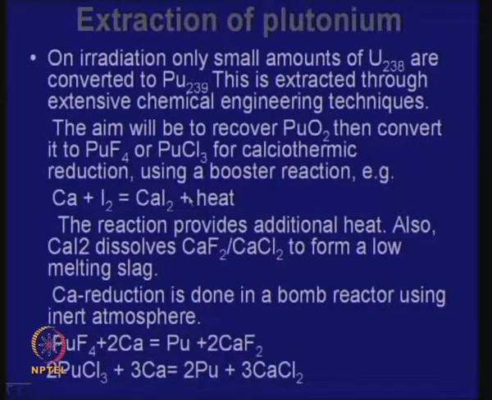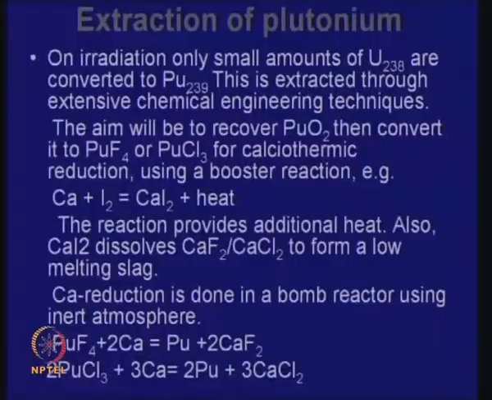So, it supplies heat for calciothermic reduction, so that the metal and the slag melt. In addition, it does another trick. It produces calcium iodide, which dissolves calcium fluoride or calcium chloride, whatever is being produced, to form a low melting slag.